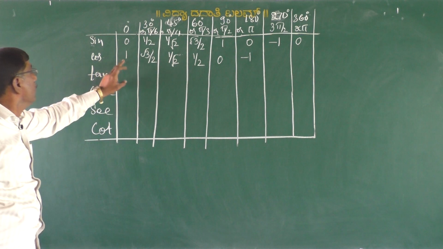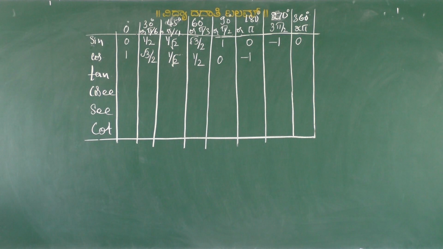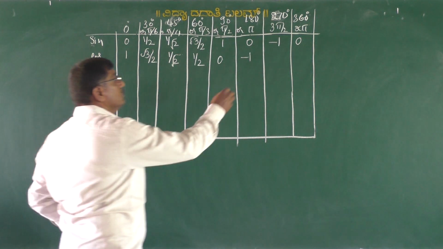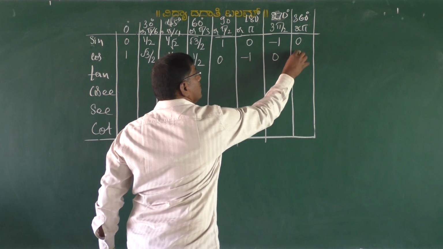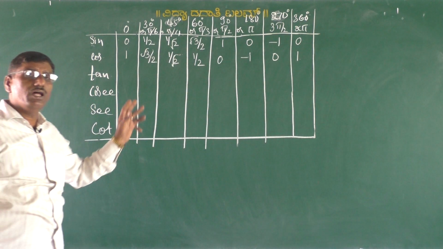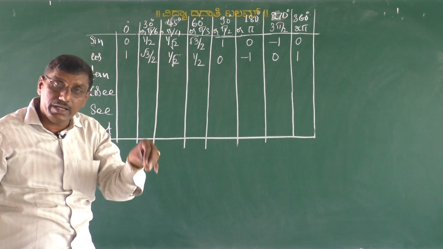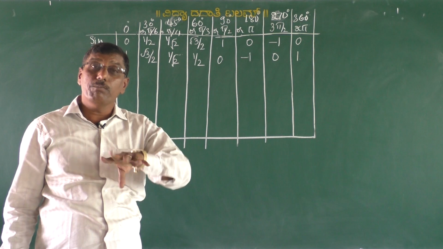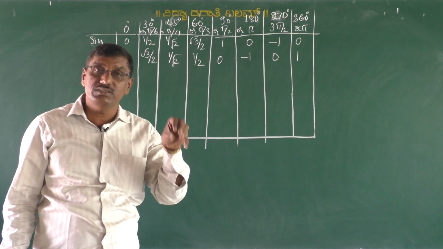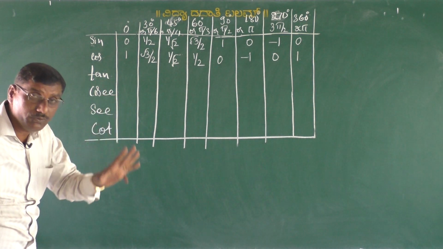From cos and sine we can define this is 0, this is 1. We can also prove these values by considering a triangle, a coordinate system, or a circle also, my dear students.